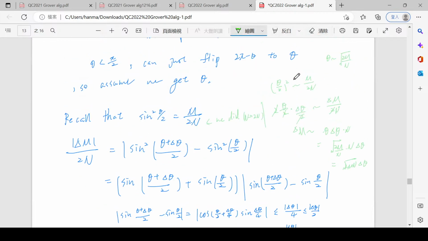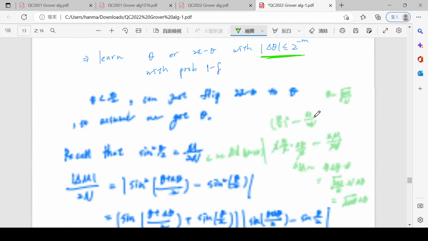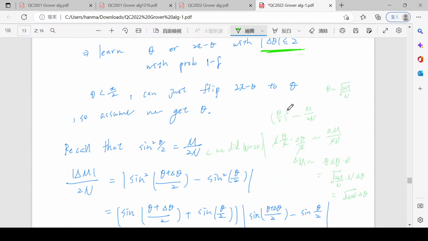If the physics department does this kind of differential thing, if everything is small, then sin theta is about theta, so you have theta over 2 squared about this thing. Then you do a derivative on both sides. You differentiate by theta on this part, then it's 2 times theta over 2, and you get delta theta here.